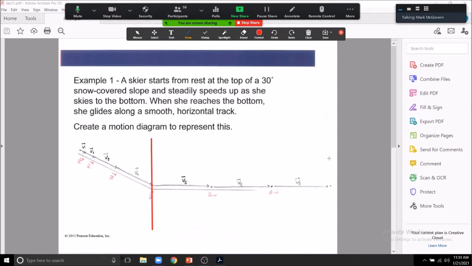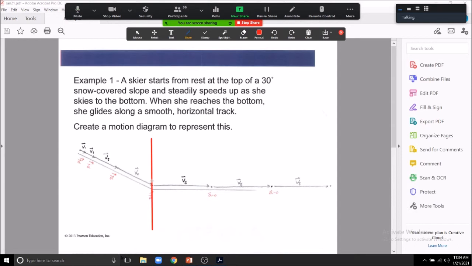Okay, so what am I doing here? Well, I have decided to use 1, 2, 3, 4, 5 points to represent the motion down the incline. When you draw motion diagrams yourself, my recommendation is between 4 and 5 points for each type of motion that you work with.